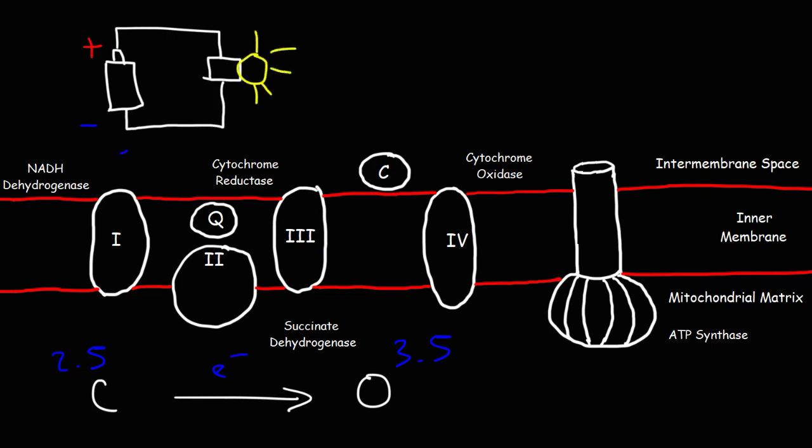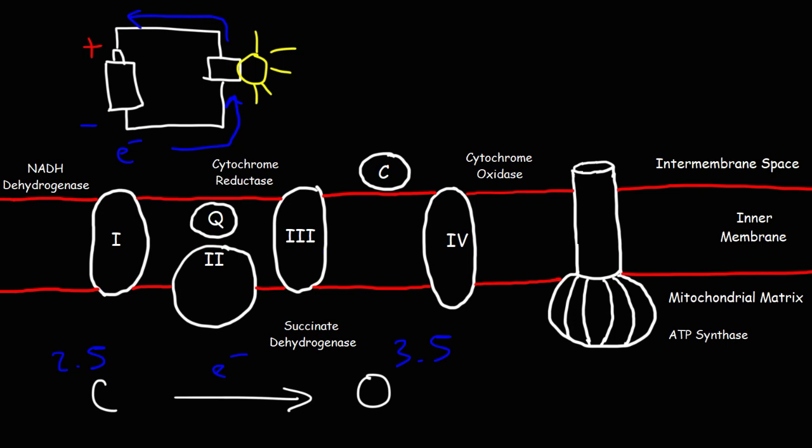Electrons will flow from the negative terminal to the positive terminal, and in the process of moving from one side to the other side, energy can be extracted from it, and in this case, lighting up the light bulb. So the positive terminal would be the electronegative side of the battery because it pulls the electrons toward it. The negative terminal will be the part that's less electronegative because that's where the electrons are coming from.